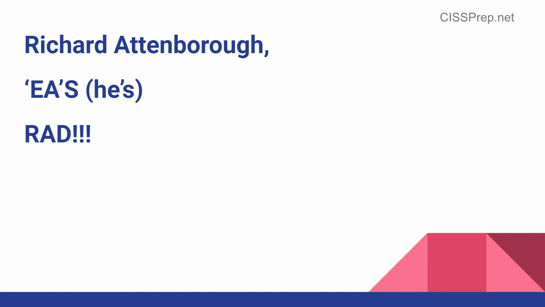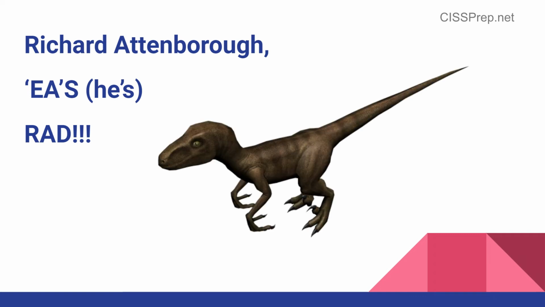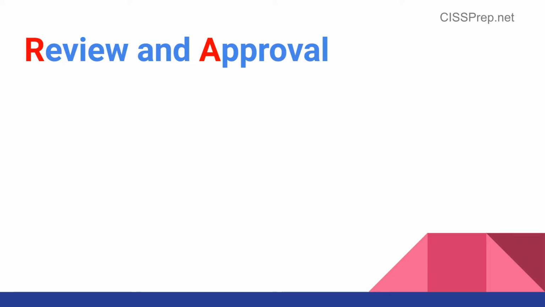Richard Attenborough was the president of the Royal Academy of Dramatic Art. So this could almost have a double entendre. If you're not familiar with Richard Attenborough, he's the guy who played John Hammond in Jurassic Park. He's the guy who created the park. And if you get a chance, read about him on Wikipedia. His life is pretty interesting. So here we have the activity review and approval, which is the RA for Richard Attenborough, and then the letters he's rad. If you say it with a British accent, it works a little bit better.